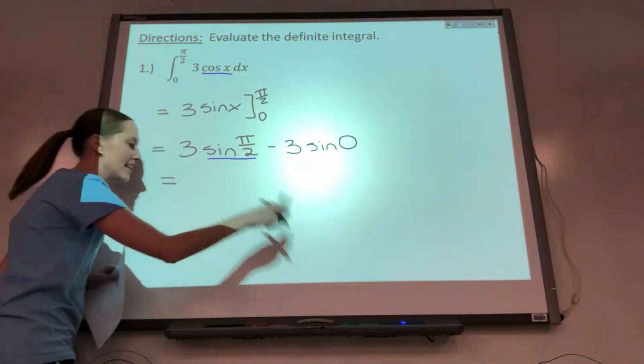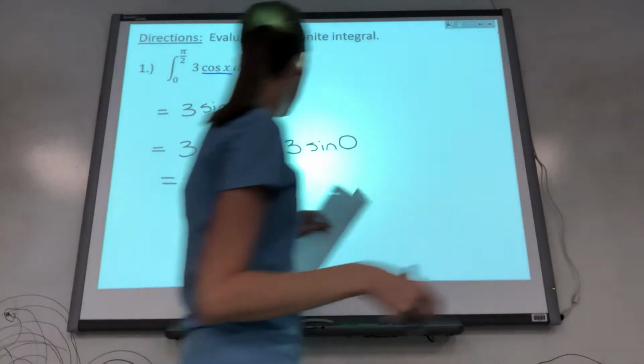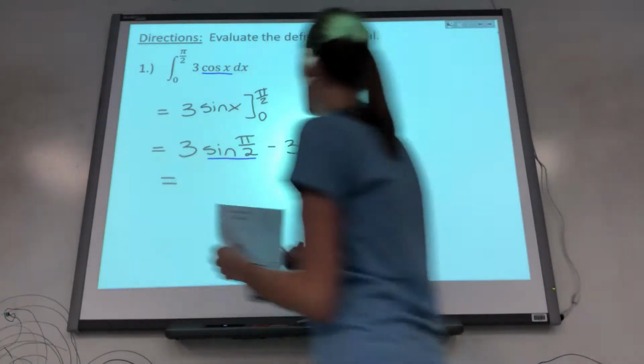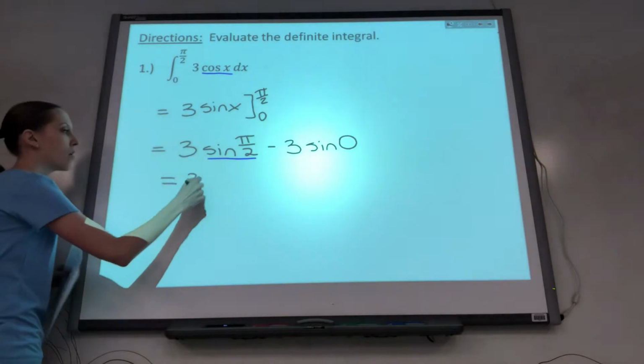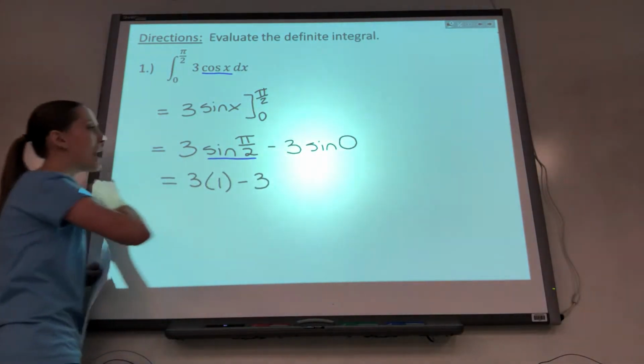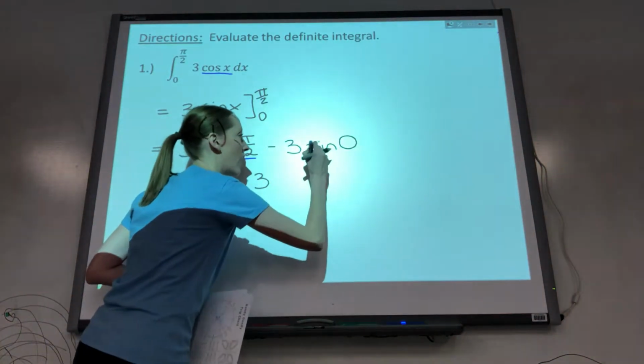On handy dandy, you should be able to see what sine of pi over 2 is. I'm using that table at the very bottom. Sine of pi over 2 is equal to 1. So right here, it's like taking 3 times 1 minus 3 times sine of 0.